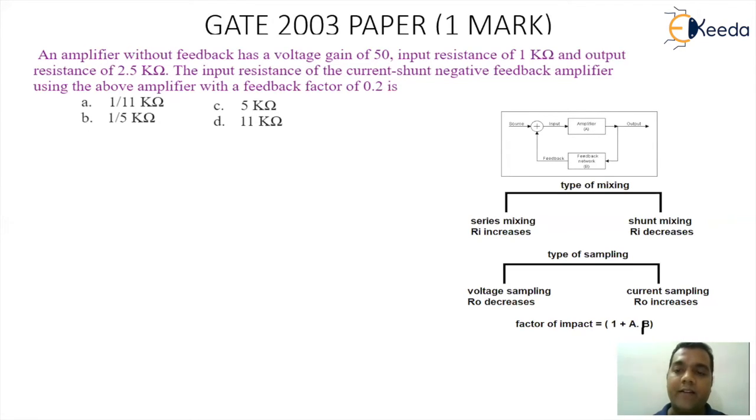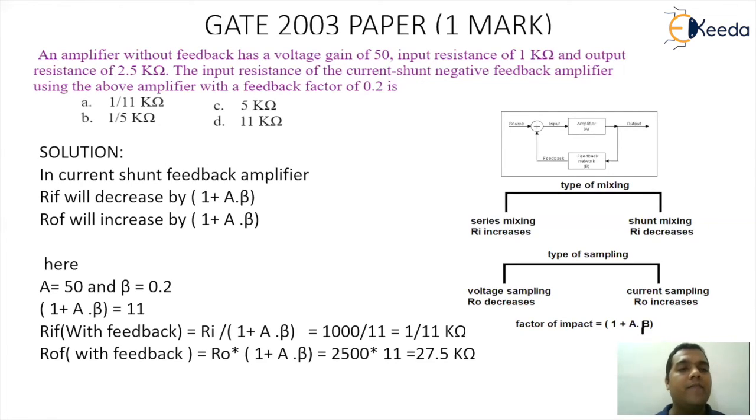And what's the factor? It is 1 plus gain beta, where A is the gain of the amplifier and beta is the feedback factor. With that concept, in the current shunt feedback logic, RIF will decrease by a factor 1 plus gain beta and ROF will increase by a factor 1 plus gain beta.